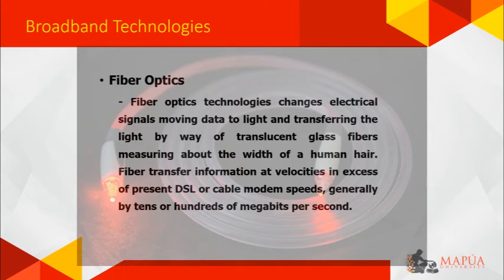The next one is fiber optics. Fiber optics technology changes electrical signals, moving data to light and transferring the light by way of translucent glass fibers, measuring about the width of a human hair. Fiber transfers information at velocities in excess of present DSL or cable modem speeds, generally by tens or hundreds of megabits per second.